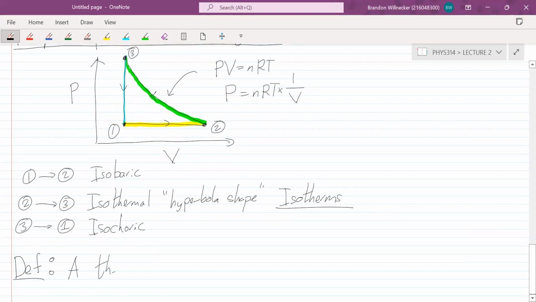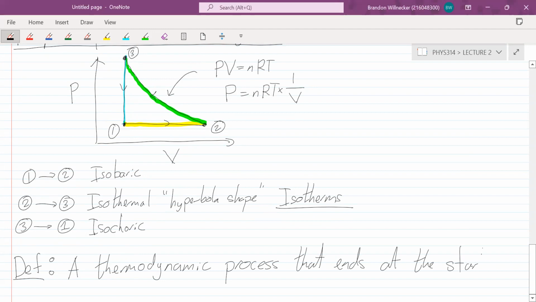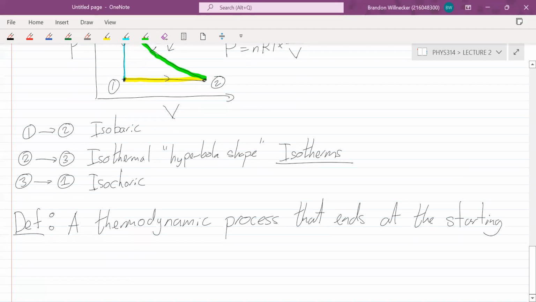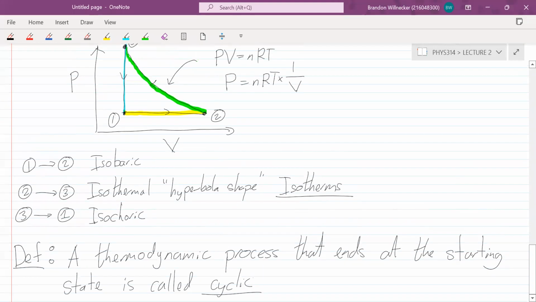So a thermodynamic process that ends at the starting position, or at the starting state, is called cyclic, because it makes a cycle, loops around back on itself.